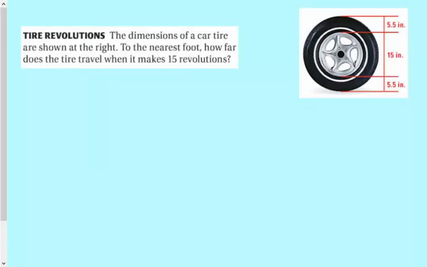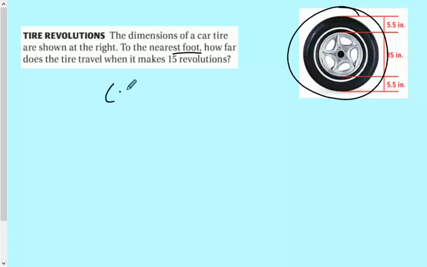And then here's a multi-step problem. The dimensions of this car tire are shown to the nearest foot. How far does a tire travel in 15 revolutions? Now we're going to round to the nearest foot versus hundredths. I want to find 1 revolution, so the circumference, and then multiply that by 15.